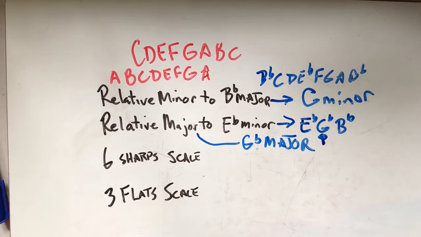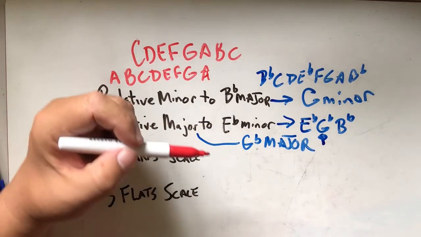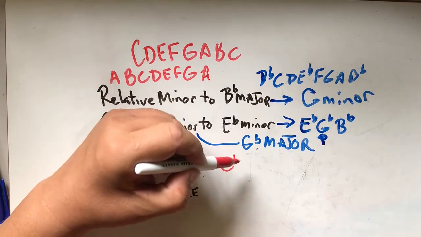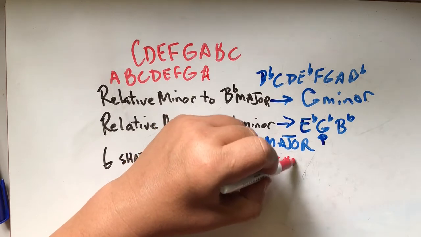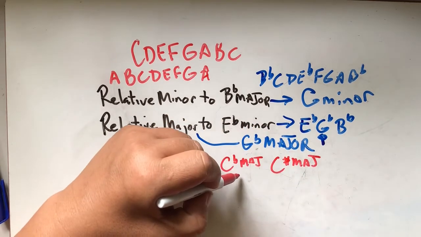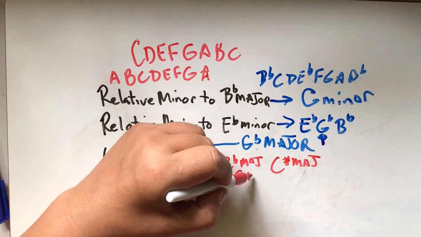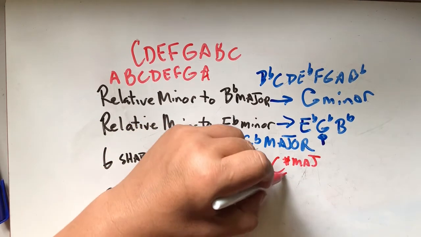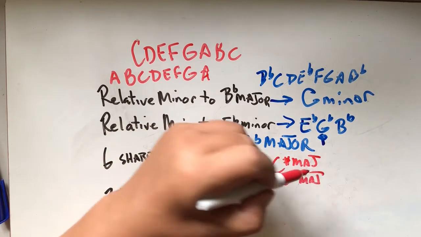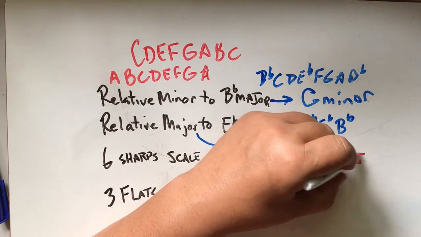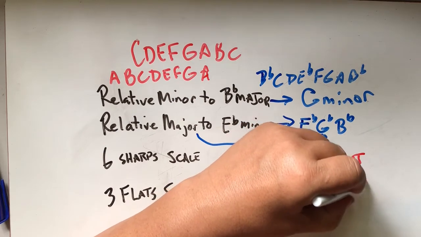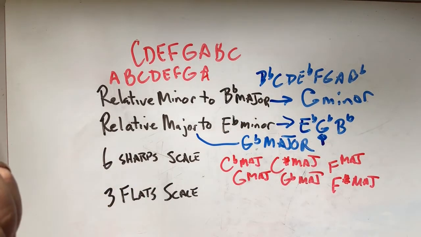All right, 6 sharp scale. Well, there's just going to be a list over there. Let me give you some choices and you tell me which one you think it is. So C flat major, C sharp major, how about G major, G flat major, F major, F sharp major, and what else?